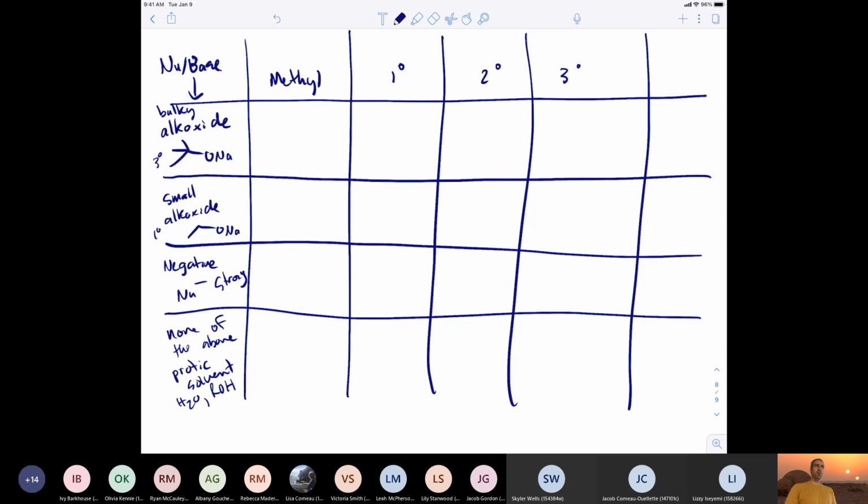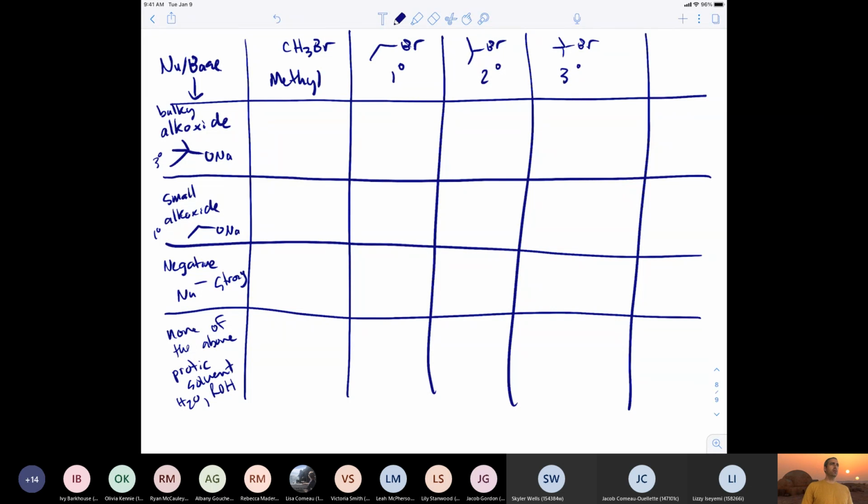So what we do understand about methyl is you can't do any elimination on a methyl, because you need 2 carbons minimum to do an elimination, and methyl just has a single carbon. So this would be something like CH3Br. So methyl will always do substitution.